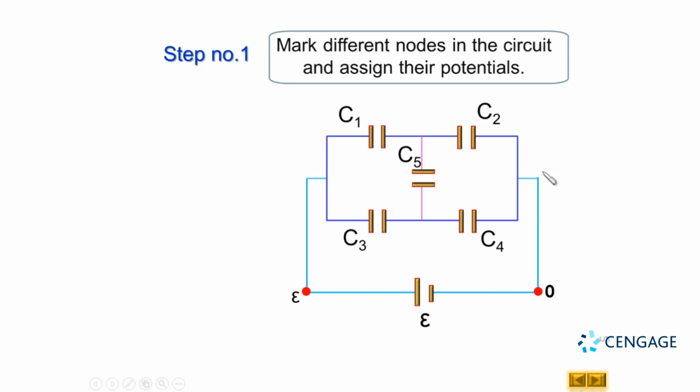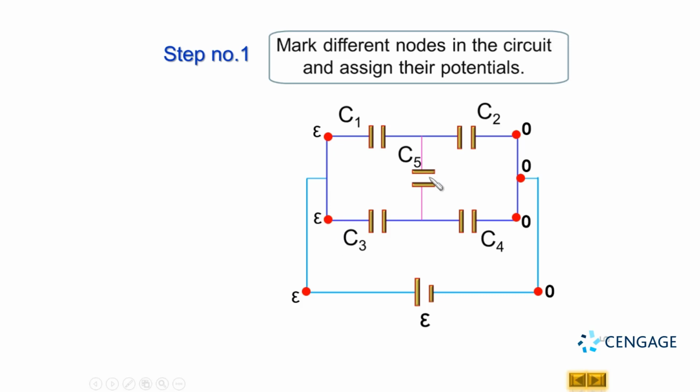That means the potential of all points, that is this point and this point, should also be 0. Now come to this point. We have written the potential of this point as E. It means the potential of this point is also E, and the potential of this point should also be E. So we can write E here, and here we can also write E.